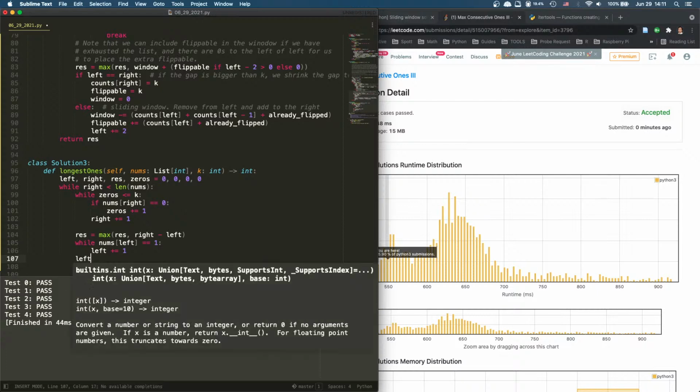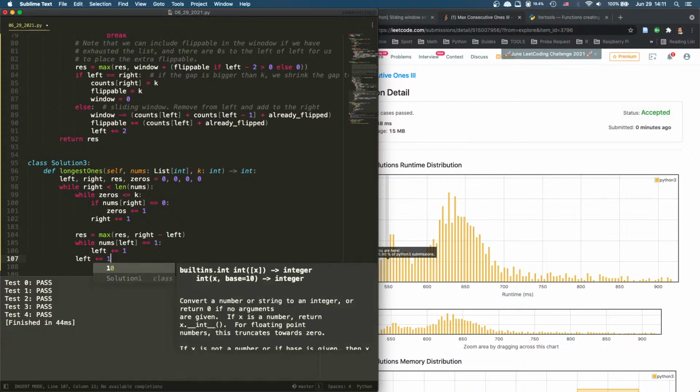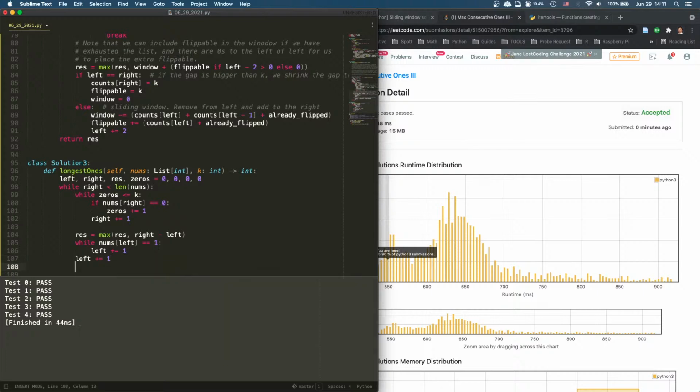So left plus equal to 1, that's shrinking a zero. And after the zero is shrunk, where should the right be? Right should be on the next position.